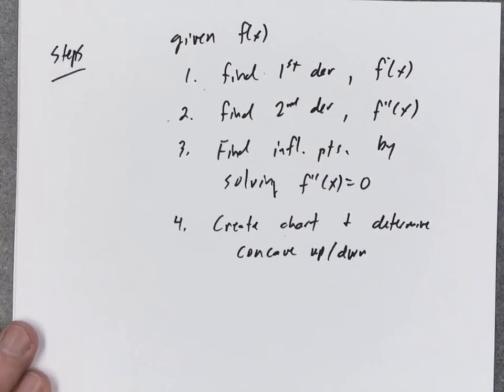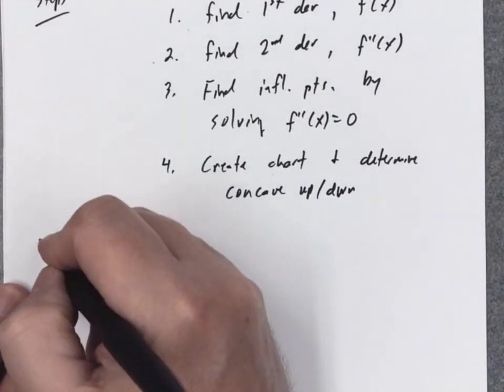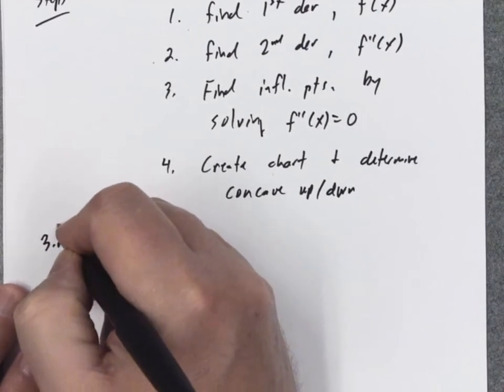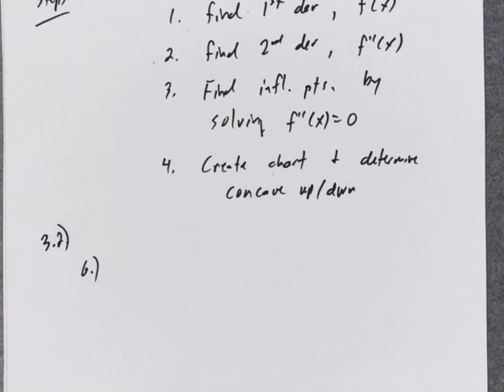Let's jump in. Matter of fact, the problem I'm going to do now is actually one from the book. So from section 3.2, I'm going to work problem 6. And if I look at the actual instructions, let me read what the book says, because these are the kinds of problems you'll be doing in your homework.